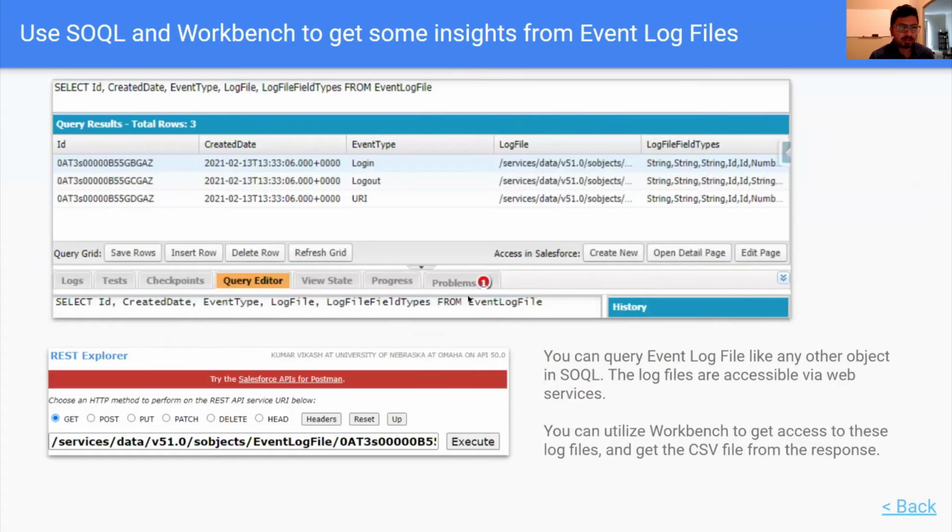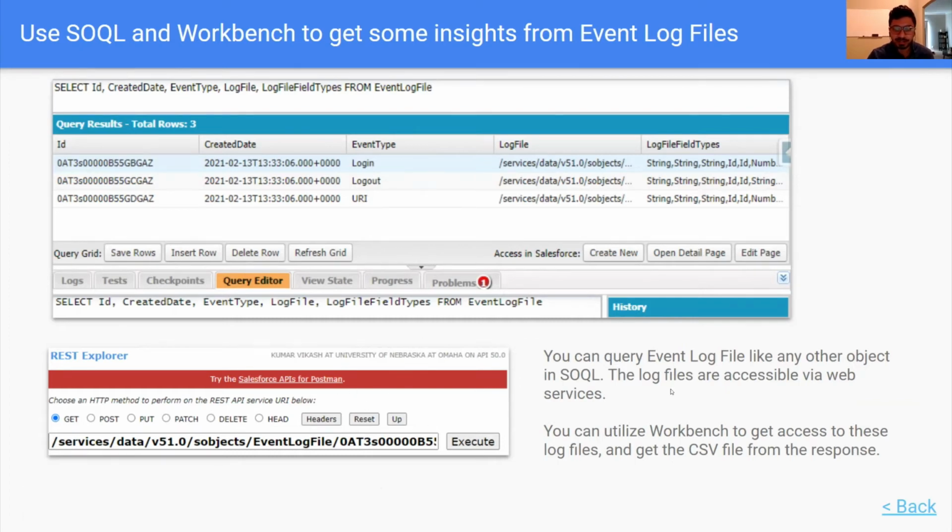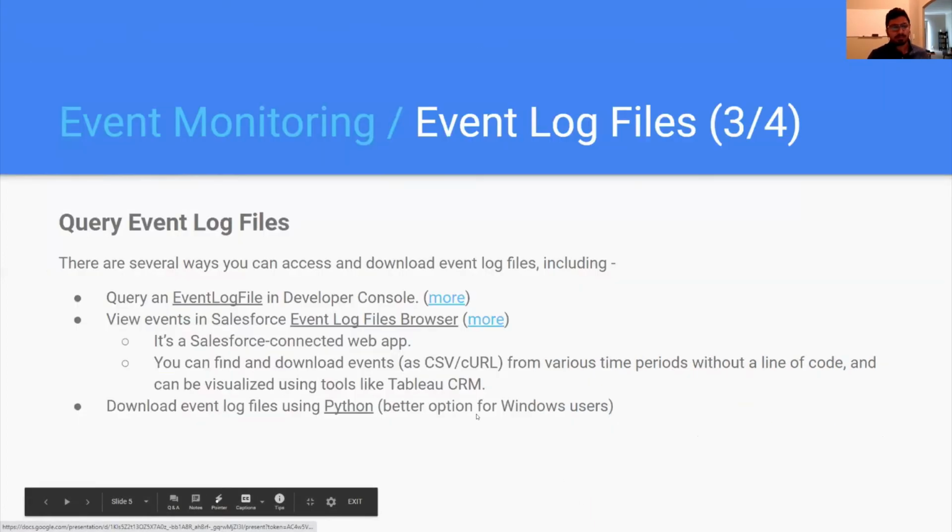I just did a SQL query on ID, created date and log file, and it gave me an API link to that. And then I used Workbench to fetch that event log file. When you do that, you get a CSV. You can copy it, paste it in a spreadsheet or any other tool of your choice.